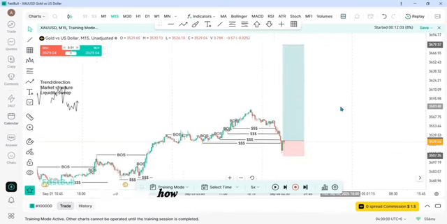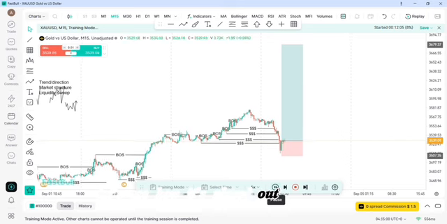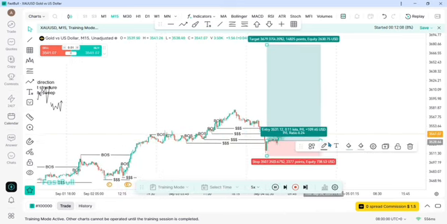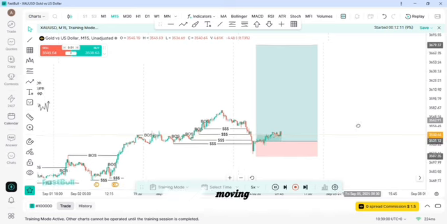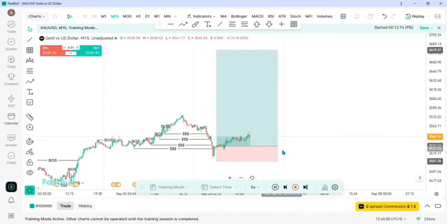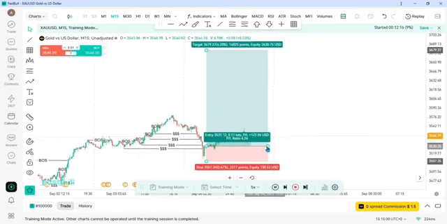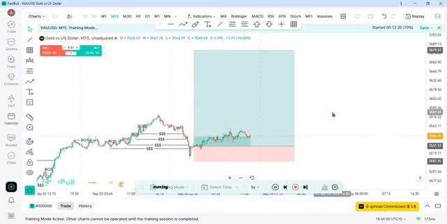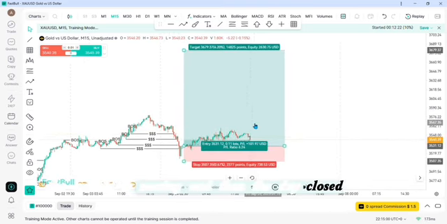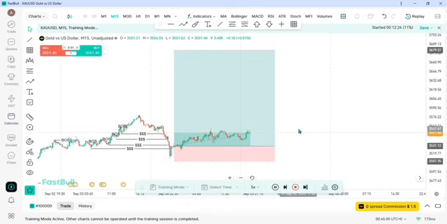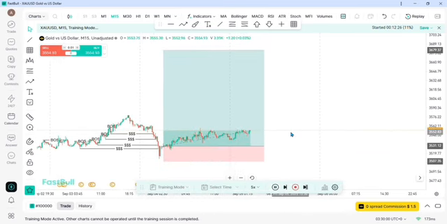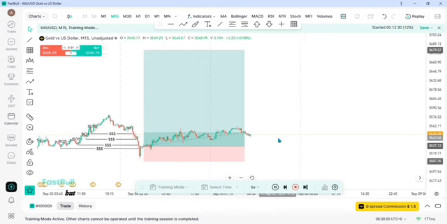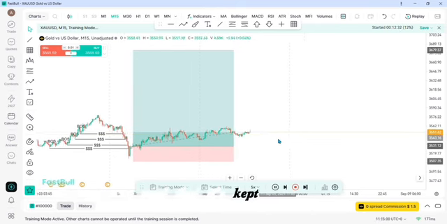Let's see how it played out. It started moving slow. We are in profit now. Market is moving, and then the day closed without it hitting our TP. The next day the market continued pushing, very slow but sure.